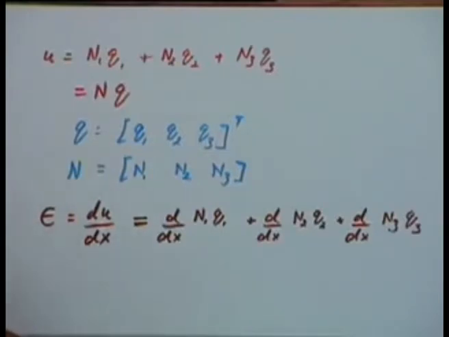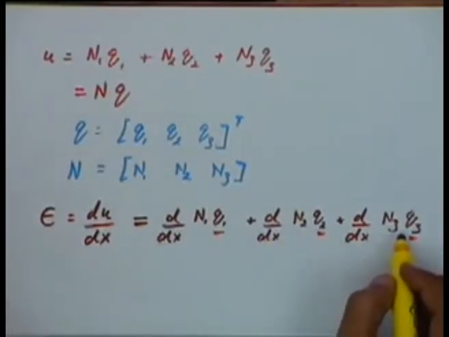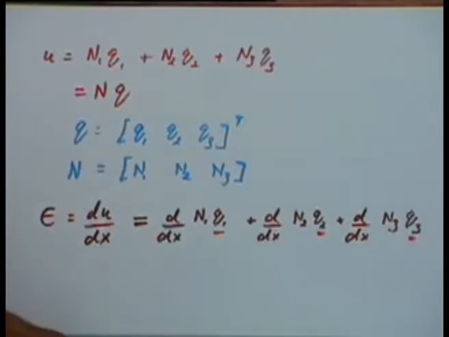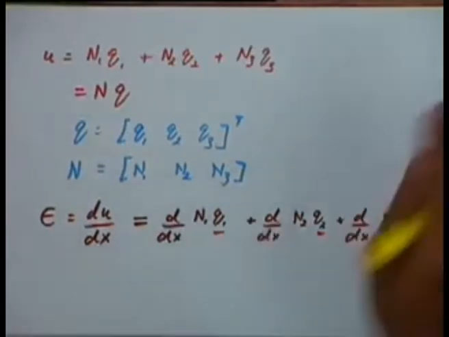Of these, q1, q2 and q3 are constants, and N1, N2 and N3 are functions of zeta, and zeta in turn depends on x.